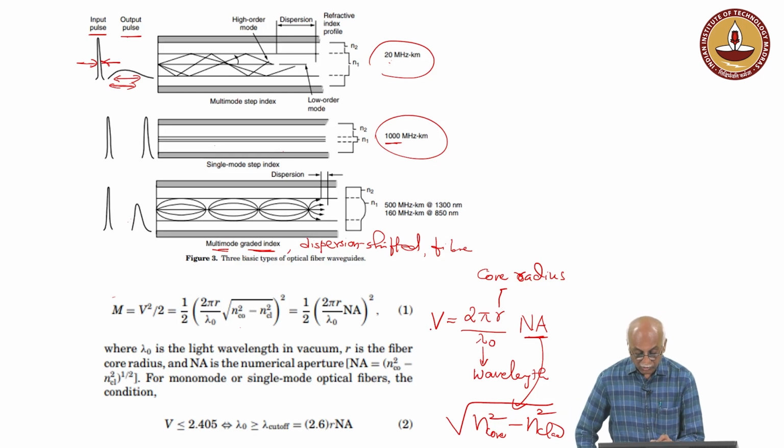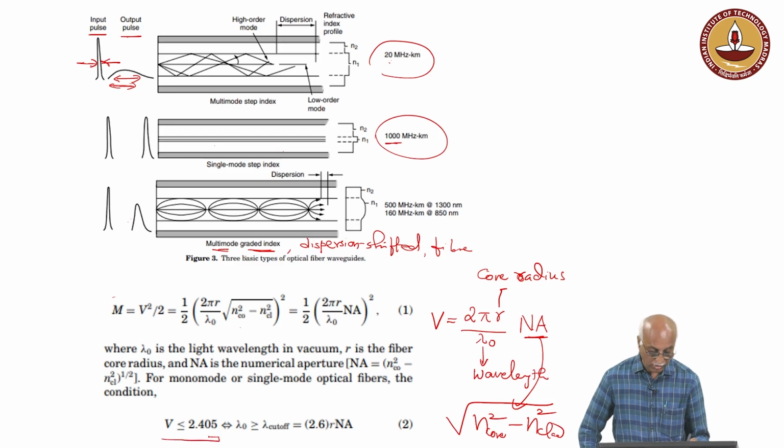So if this V parameter is less than or equal to 2.405, although if you estimate with 2.405 it will have 2 to 3 modes, basically 90% or more of the intensity is focused in the 00 mode.